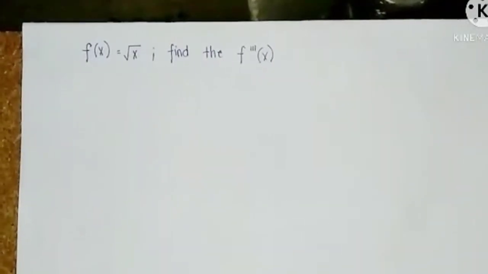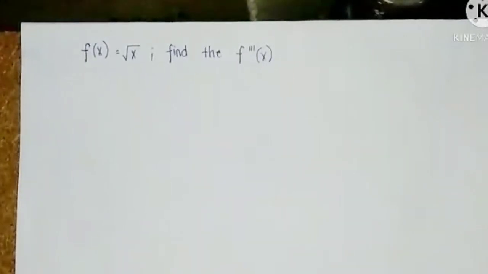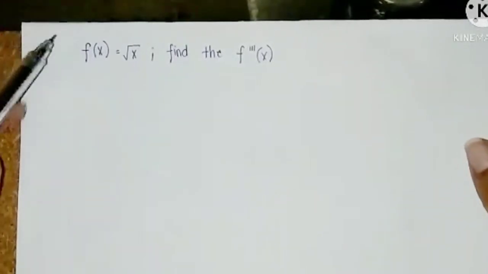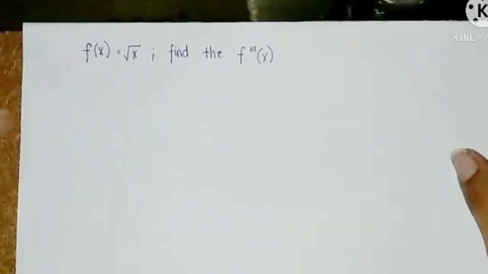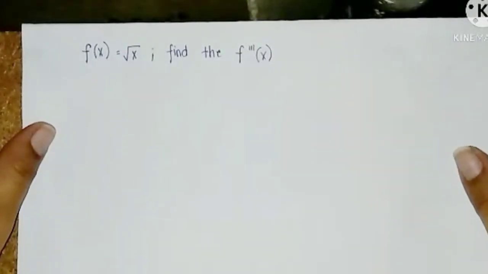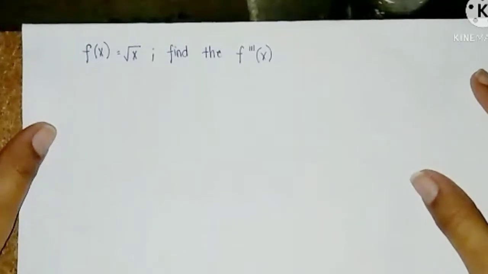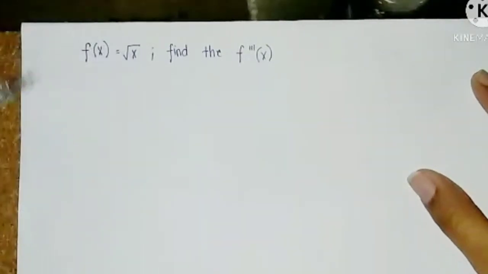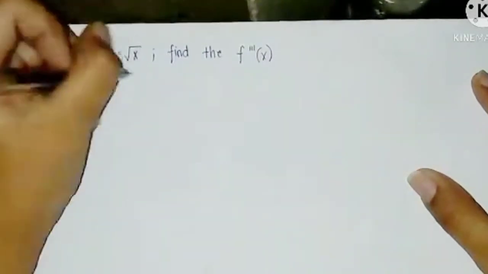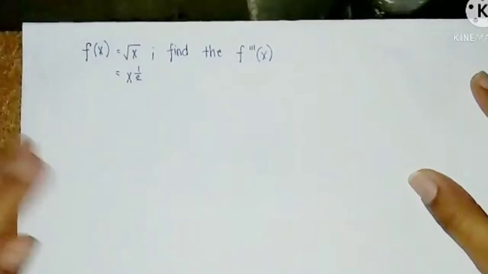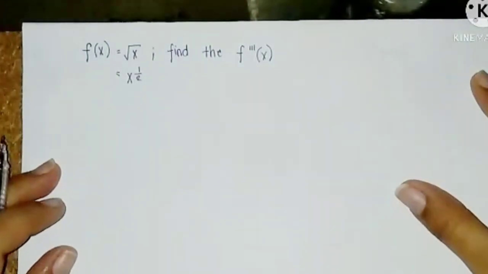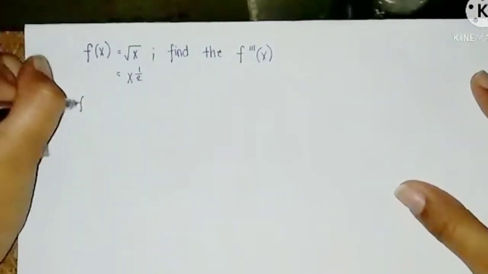So in this example, we need to find the third derivative of the given function, that is f of x equals square root of x. The first thing we have to do is we will rewrite the square root of x into exponential form, that is x raised to 1/2. And now, we will get the first derivative.